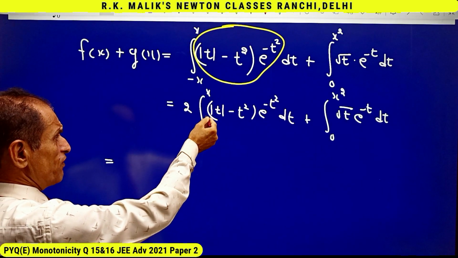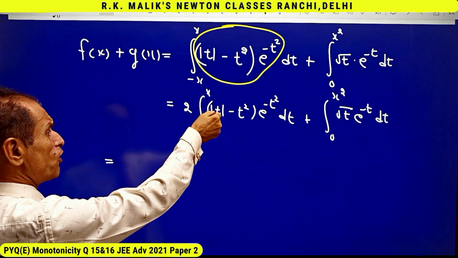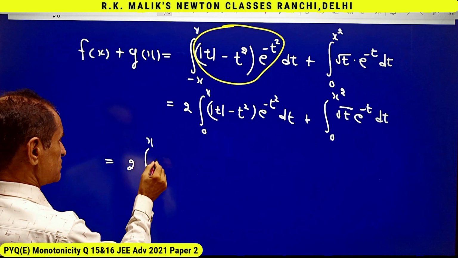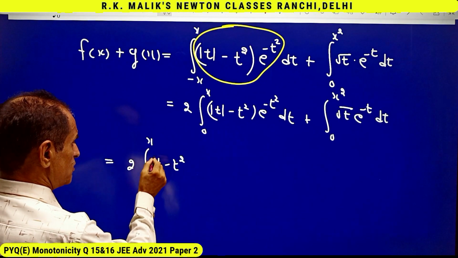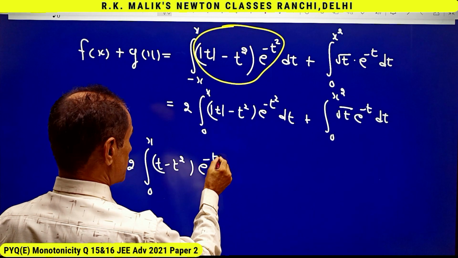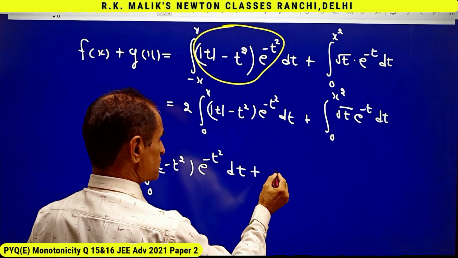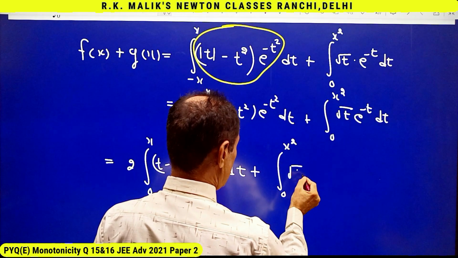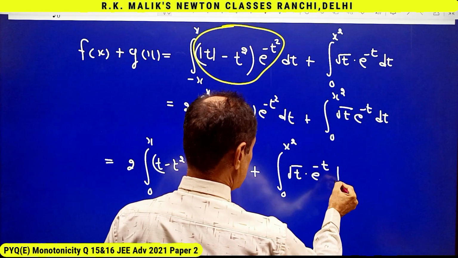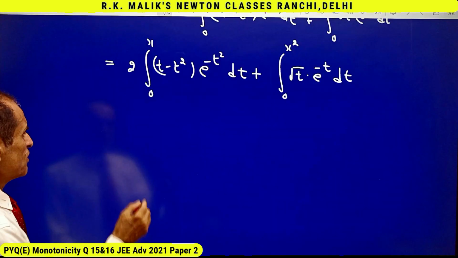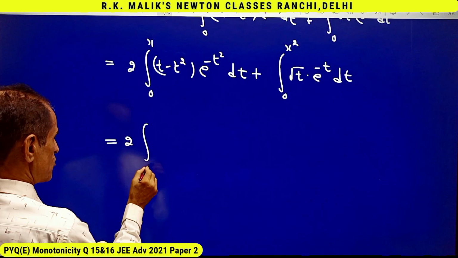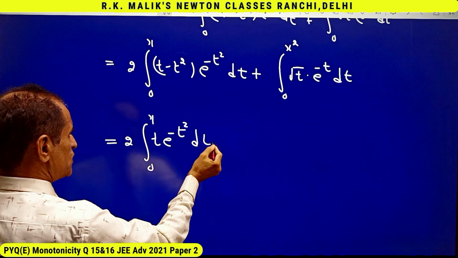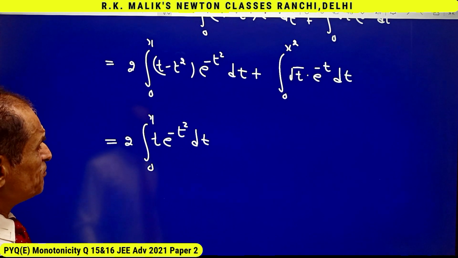Hence, when t varies between 0 and x, |t| will become t, and therefore I will be getting 2 times the integral from 0 to x of (t - t²) e^(-t²) dt plus the integral from 0 to x² of √t e^(-t) dt. It's clear that this part of the integral can be done easily.